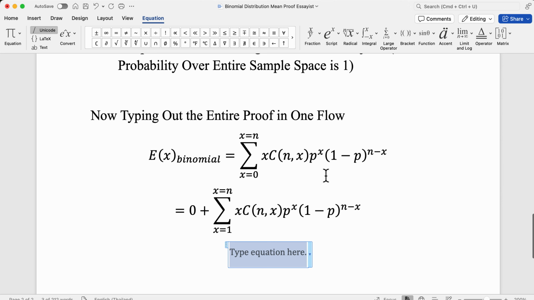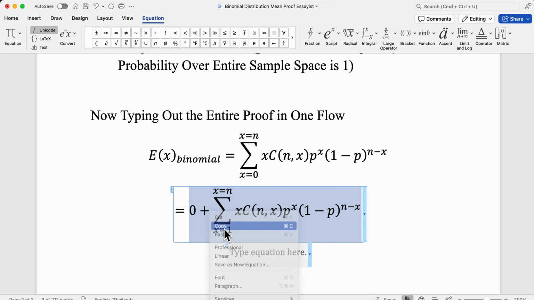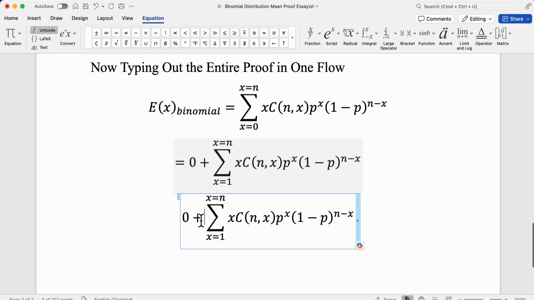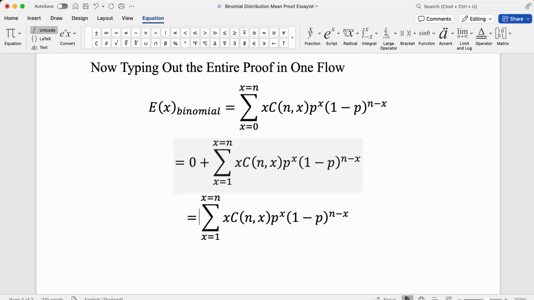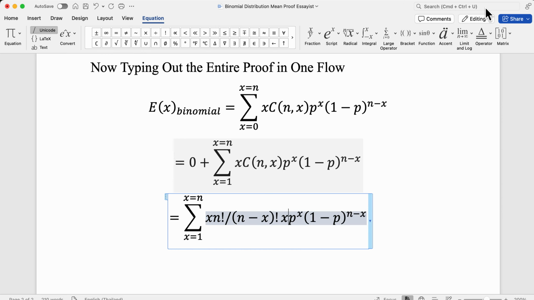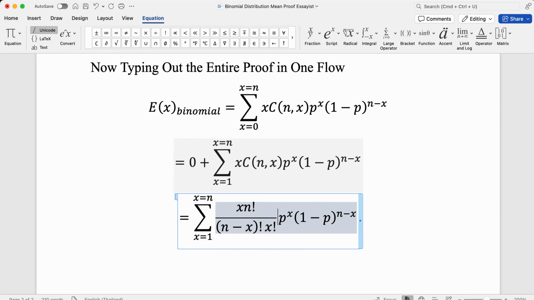So then this just breaks up to become, we just have to be careful with this thing here, n factorial over n minus x factorial here. Okay, now we factor out an n and a p from here.